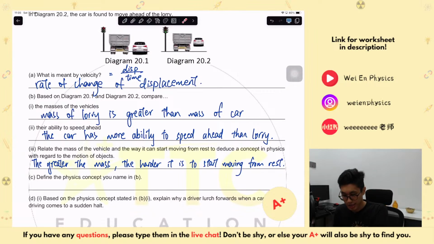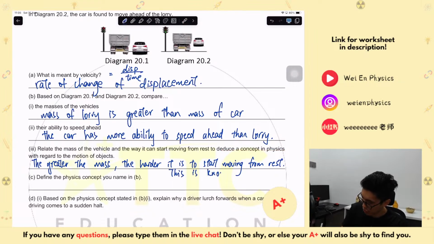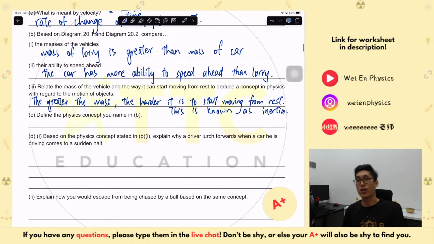Alright, next. Oh, sorry, I haven't deduced the concept. Deduce the concept. You say this is known as inertia. Okay, this is known as inertia. Okay, so what actually is inertia?